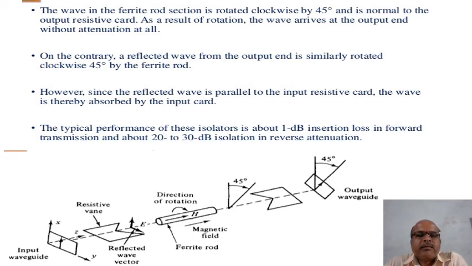However, since the reflected wave is parallel to the input resistive card, the wave is absorbed by the input card. The typical performance of these isolators is about 1 dB insertion loss in forward transmission and about 20 to 30 dB isolation in reverse attenuation. This is the basic explanation of the isolator.